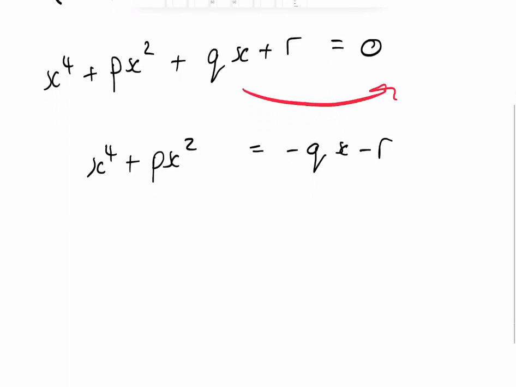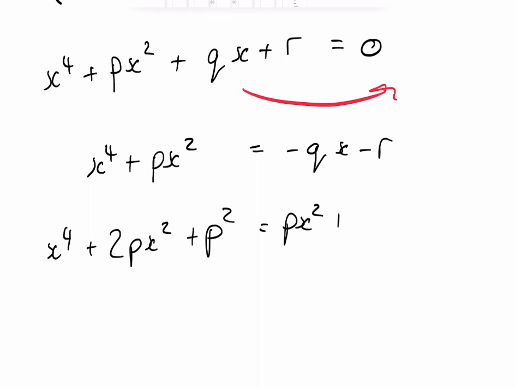Next, we can add px squared plus p squared to both sides in order to complete the square on the left-hand side. So we do x to the 4 plus 2px squared plus p squared equals px squared plus p squared minus qx minus r.